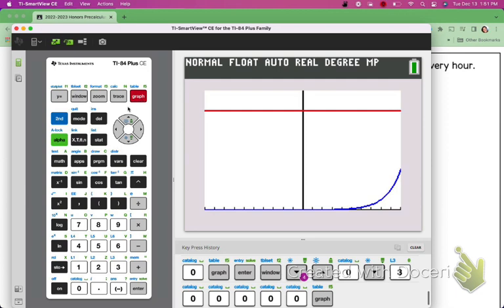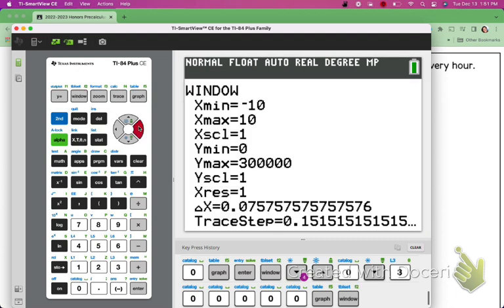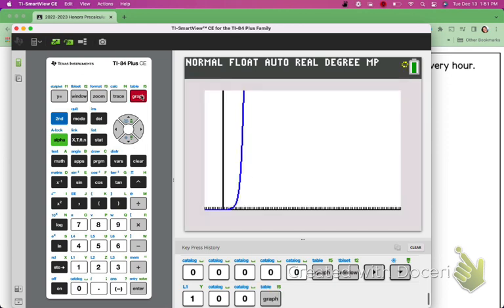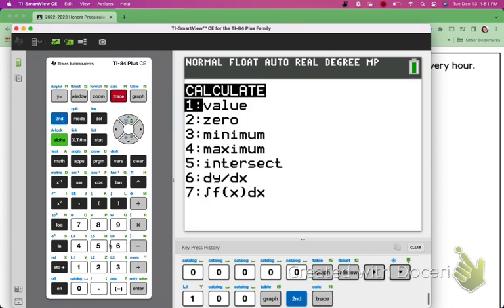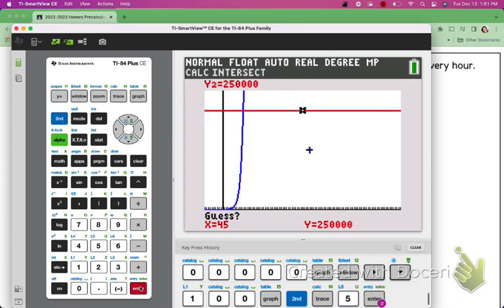Oh, I still can't see it, so I've got to move over. My X max, let's put that at 100 maybe. All right, there we go. We see the intersection? So my intersection should be my answer. So intersect. There it is. 11.2877. So we could do it on a graphing calculator if I wanted to check my results.